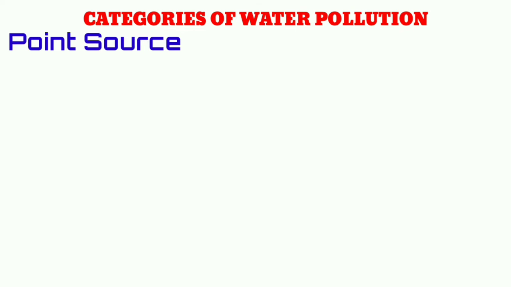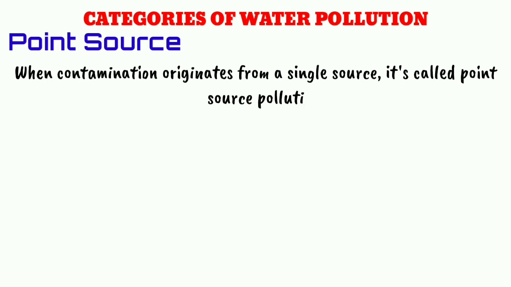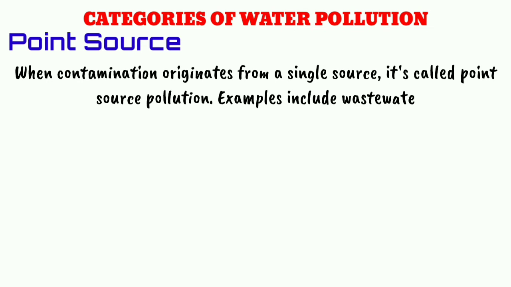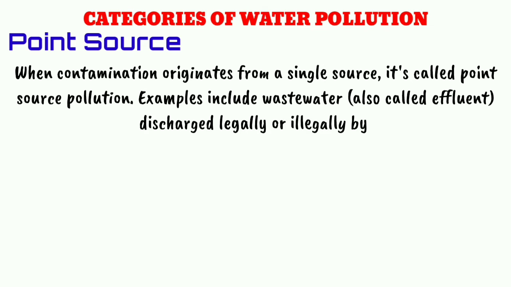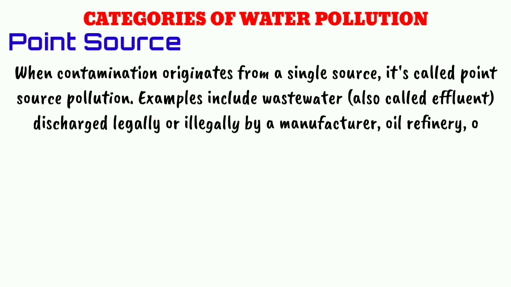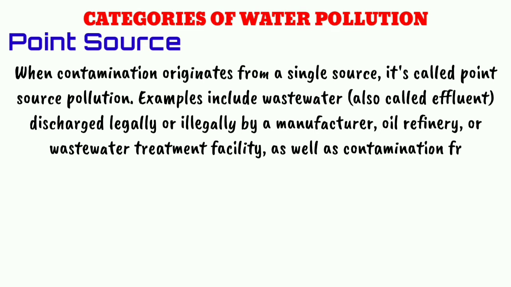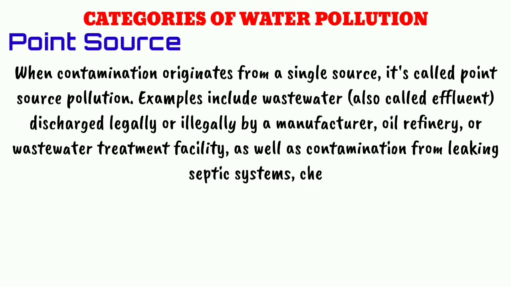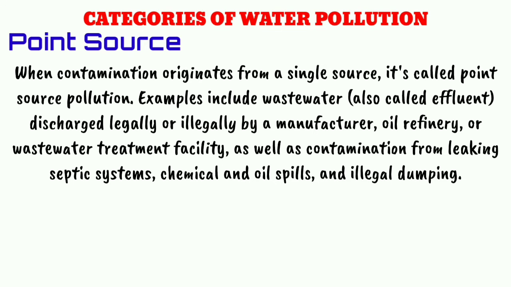Point source. When contamination originates from a single source, it's called point source pollution. Examples include wastewater, also called effluent, discharged legally or illegally by a manufacturer, oil refinery, or wastewater treatment facility, as well as contamination from leaking septic systems, chemical and oil spills, and illegal dumping.